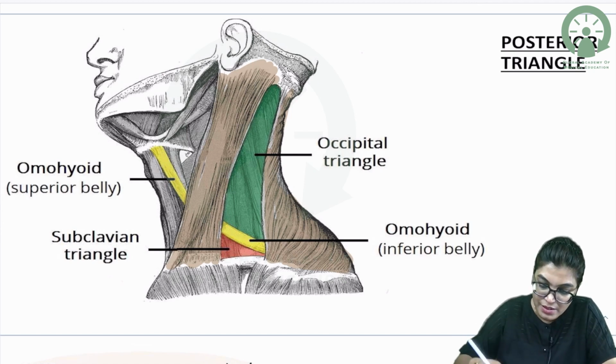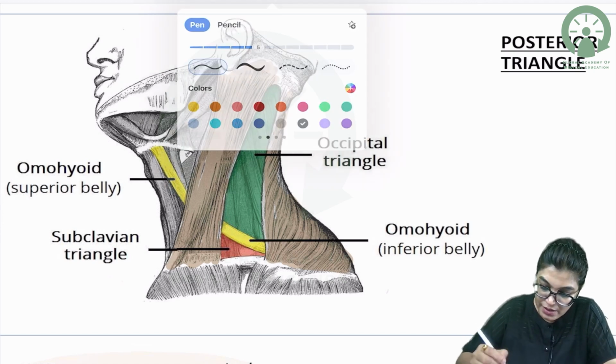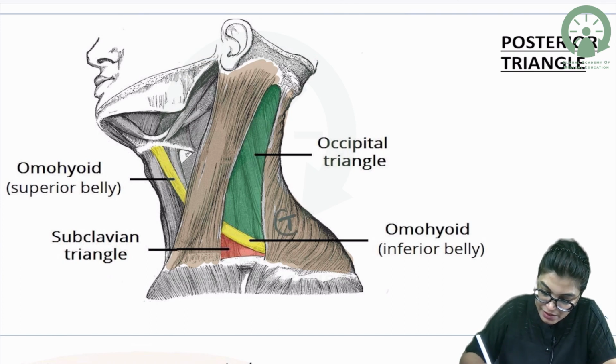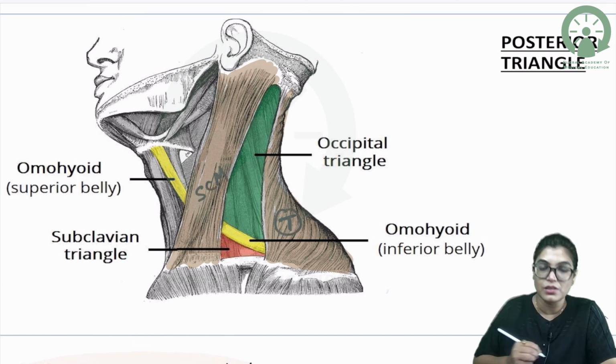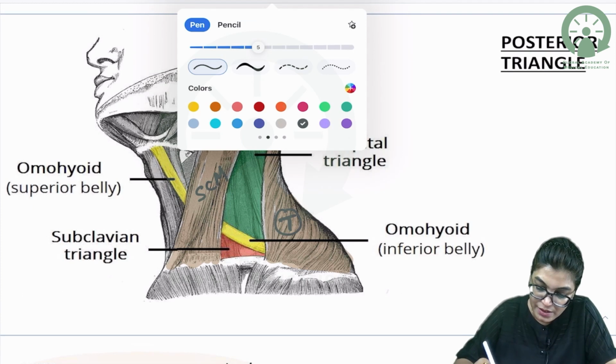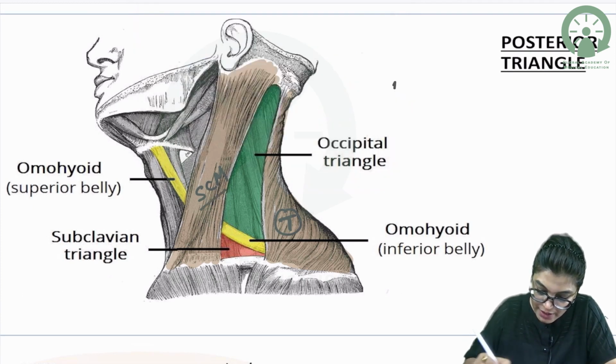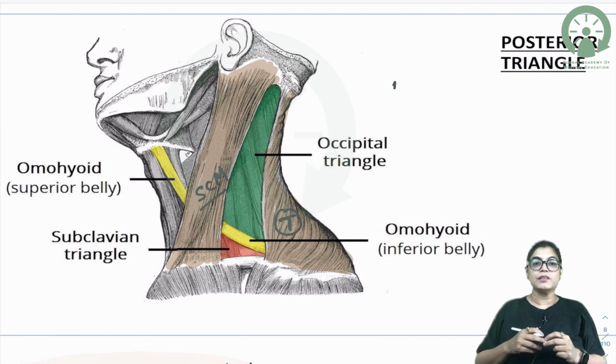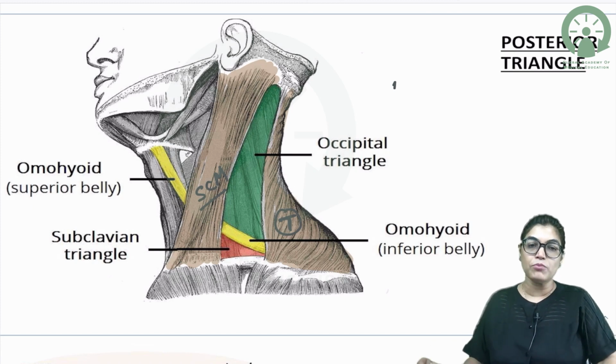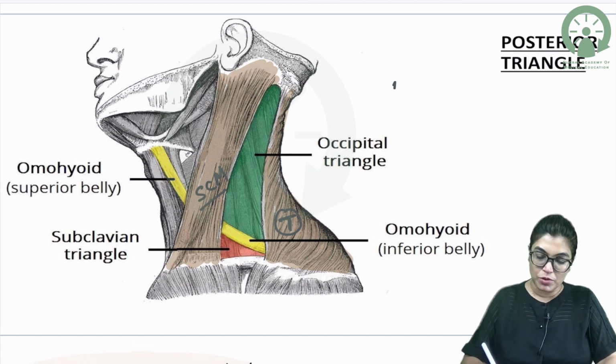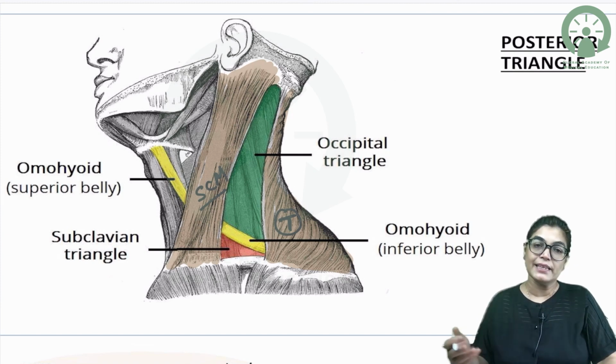Here, T stands for trapezius muscle and SCM stands for sternocleidomastoid muscle, forming the boundaries. The anterior border of the posterior triangle is formed by the posterior border of sternocleidomastoid, and posteriorly it is bounded by the anterior margin of the trapezius muscle, T for trapezius muscle.